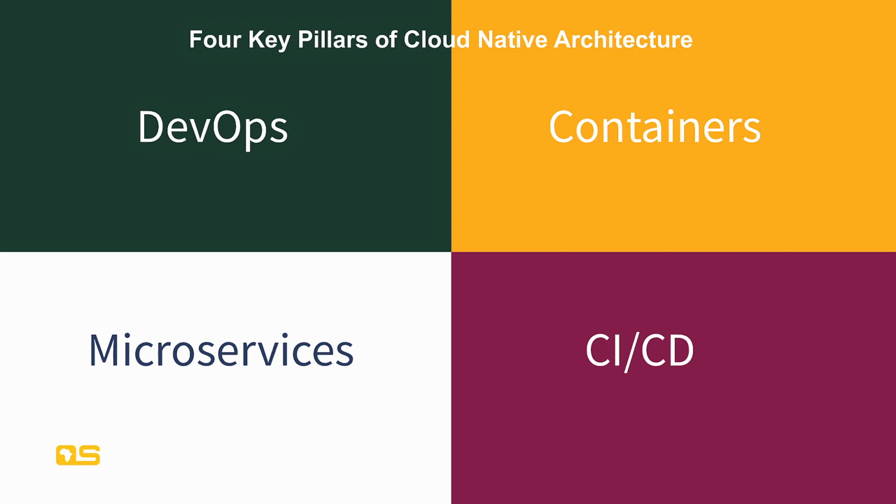In cloud native applications, most of them are collections of small divisible components that rely on themselves. These are what we call microservices. Then we have CI/CD, continuous integration and continuous delivery.